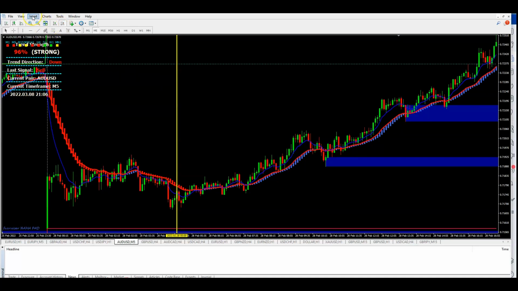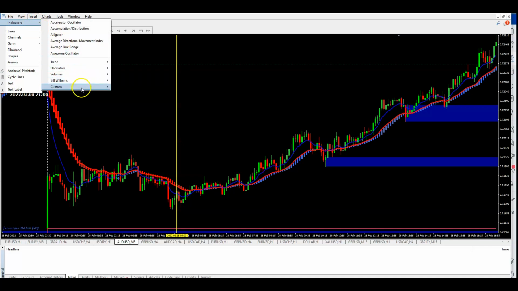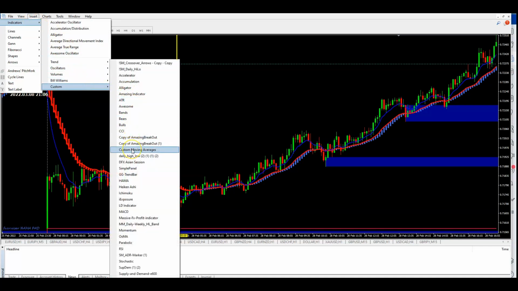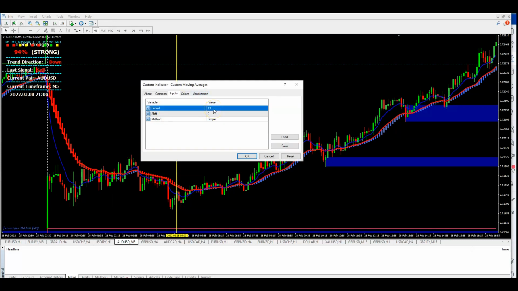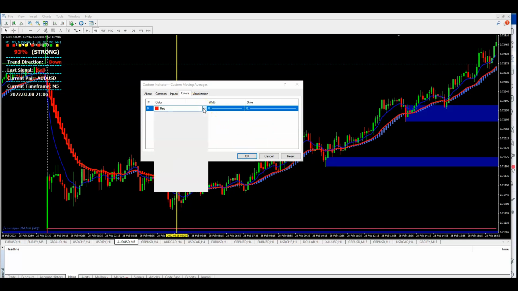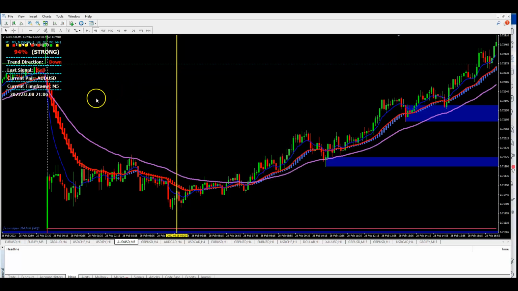Okay, and last but not least, purple, and that will be 50. I just like mine on EMAs. You can change it to whatever you want yours to be. All right, so here we go.